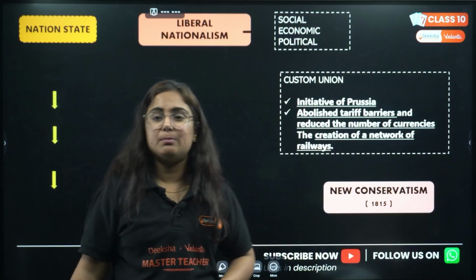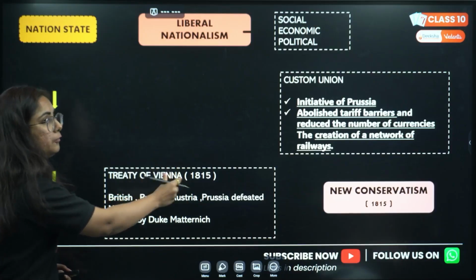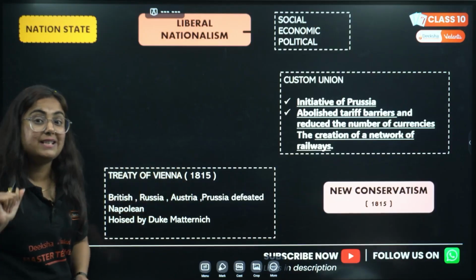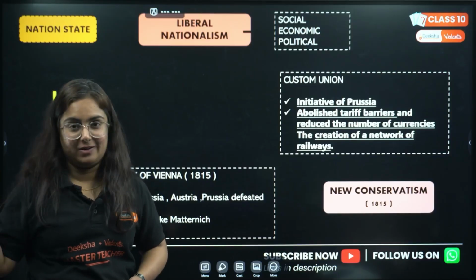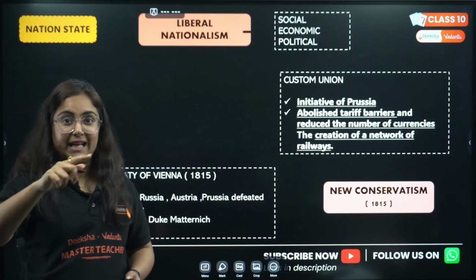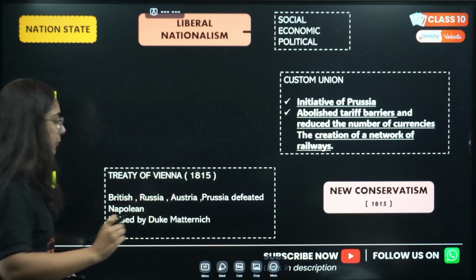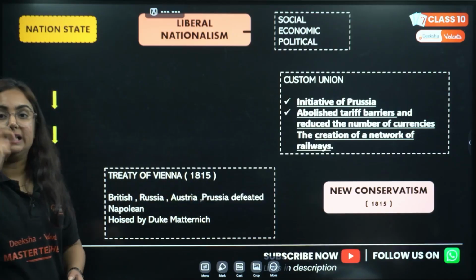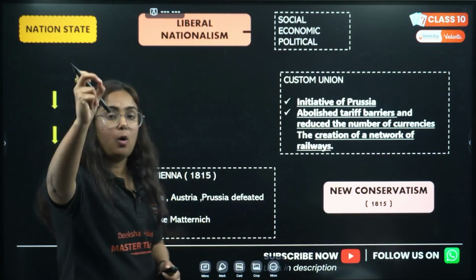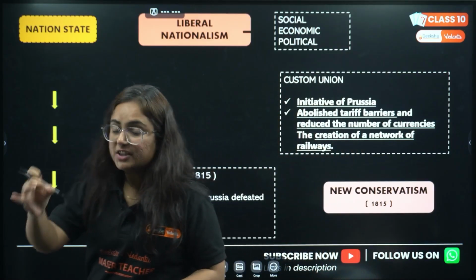A treaty was signed, popularly known as the Treaty of Vienna in 1815. Okay, the treaty was headed by an Austrian Chancellor, Duke Metternich. This person has a good role in giving statements, right? So, the Treaty of Vienna was signed in 1815, in which Britain, Russia, Austria, Prussia defeated Napoleon. 1815, Austria, Duke Metternich, in which territories were divided in such a way.